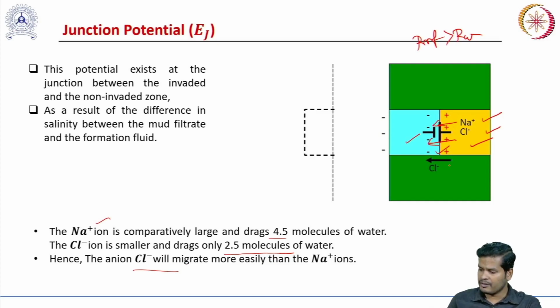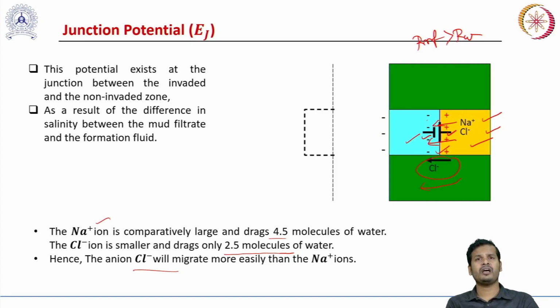That means overall there will be a net influx of chloride ions from here to here. So here at this end we will have a negative charge, here we will have a positive charge. So the direction of EMF will be positive end here and negative end here. Due to this movement of chloride ion and Na plus ion, again a current can flow from the non-invaded zone to the invaded zone.